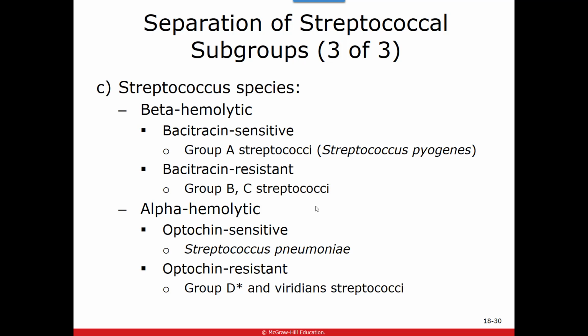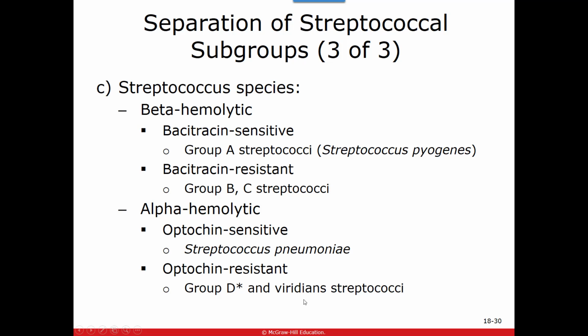Some bacteria are naturally resistant or naturally sensitive to certain antibiotics, and knowing that helps us figure out which bacteria it is. So among the beta-hemolytic bacteria, we're going to talk about Strep pyogenes. Among the alpha-hemolytic bacteria, we're going to talk about Strep pneumoniae, as well as some of those in what's called the Viridans group. Again, we can sort them out based on their antibiotic sensitivity.